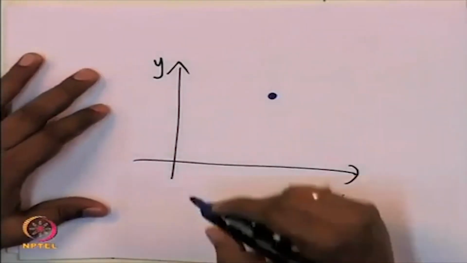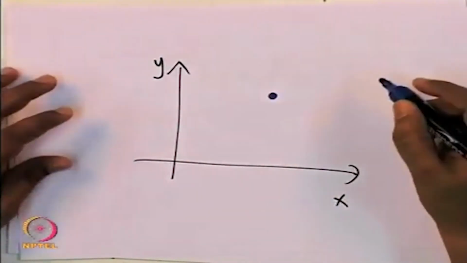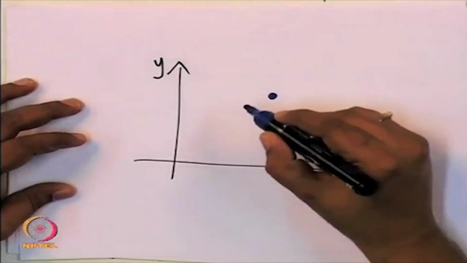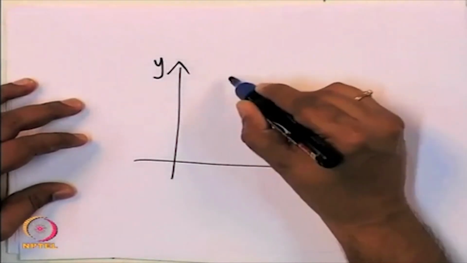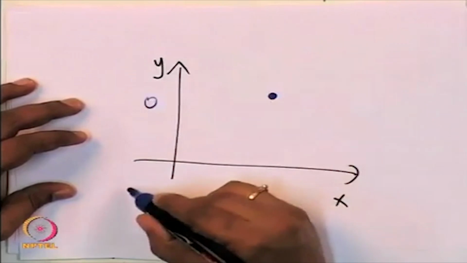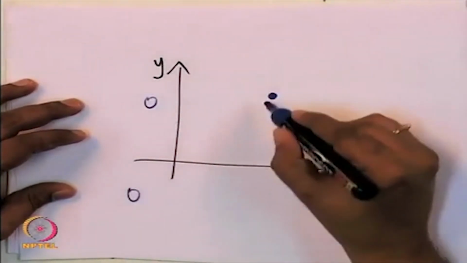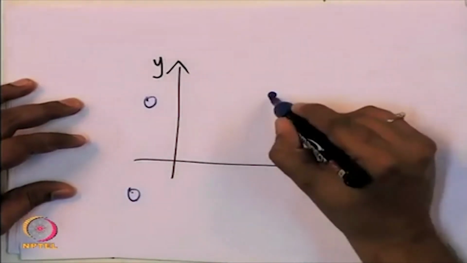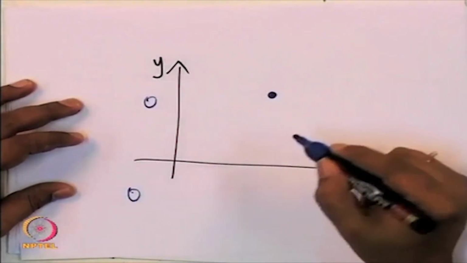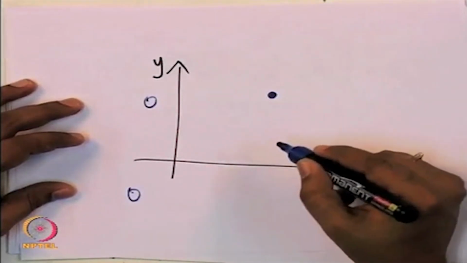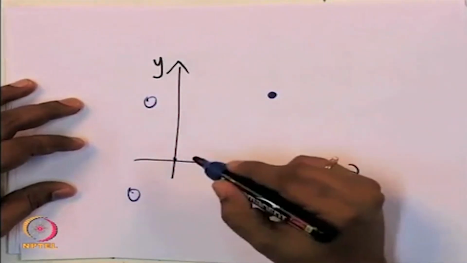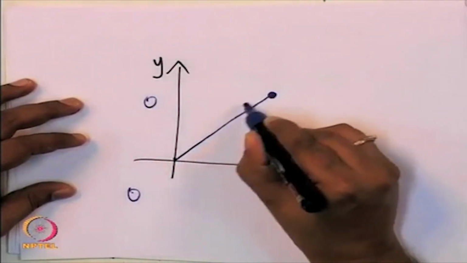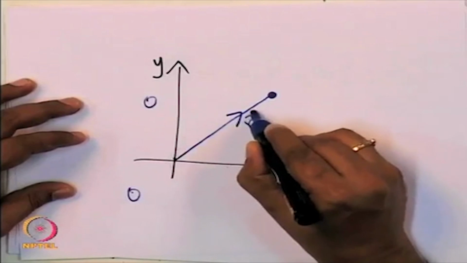You can imagine, for example, that these are atoms of a molecule, three atoms of a molecule connected like this. If I want to tell the position of this particular atom, starting from this point, its position can be represented by some vector r.